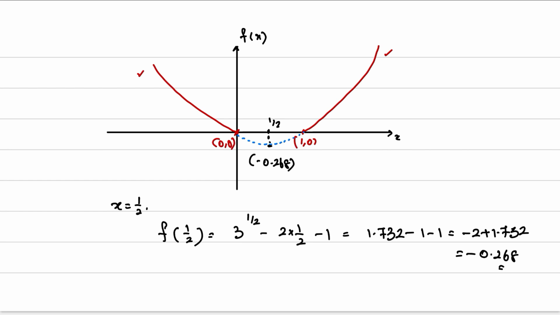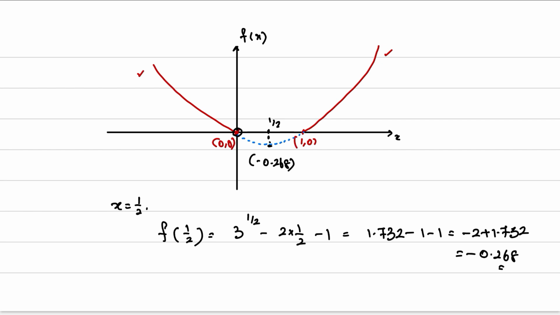That means the curve goes below the x-axis. Between 0 and half, from positive to negative, there is a sign change. Hence the root is here.